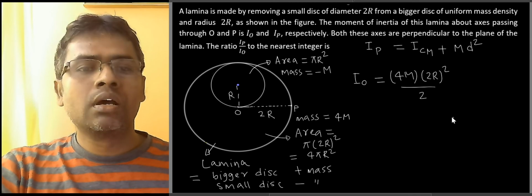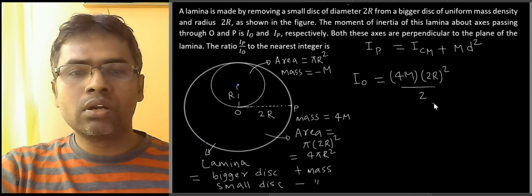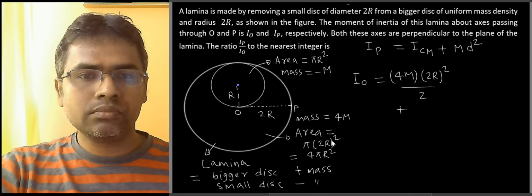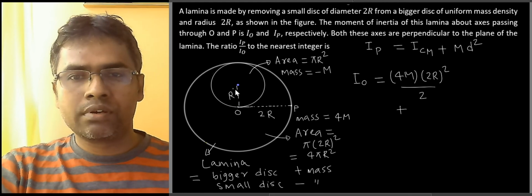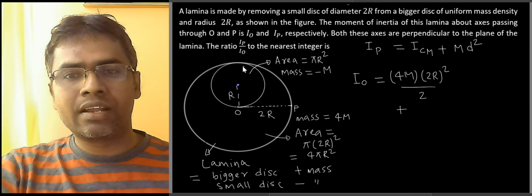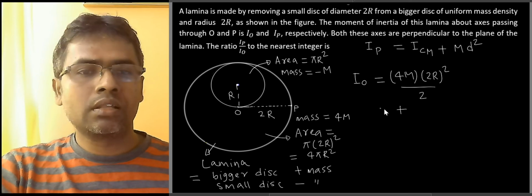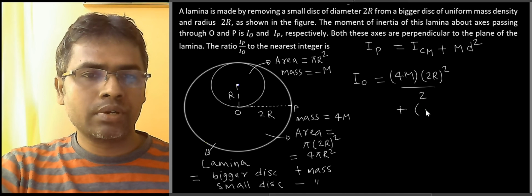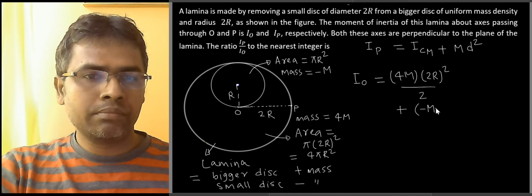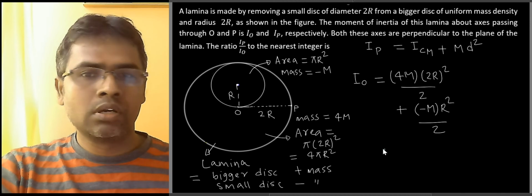Now, due to the smaller disk: if it were rotated about the axis passing through its center of mass, the contribution would have been minus m r square over 2.